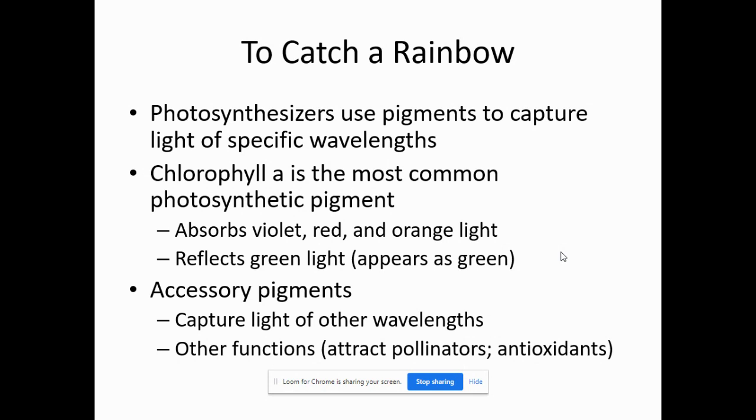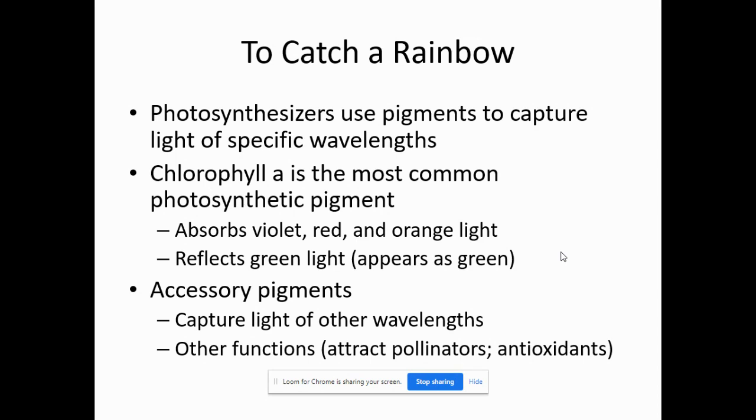One of the most common photosynthetic pigments is chlorophyll A. It absorbs violet, red, and orange light, but it reflects green light, and that's why it appears green to us.